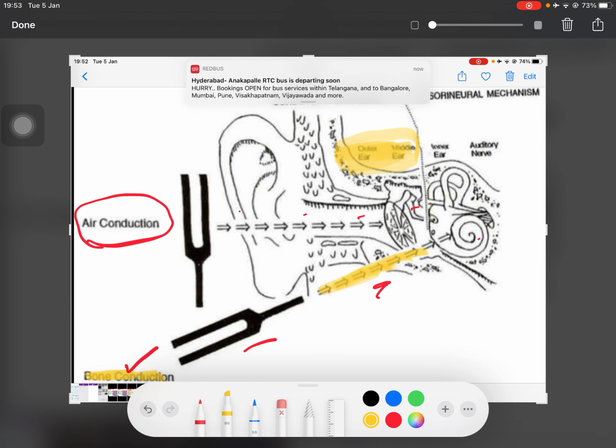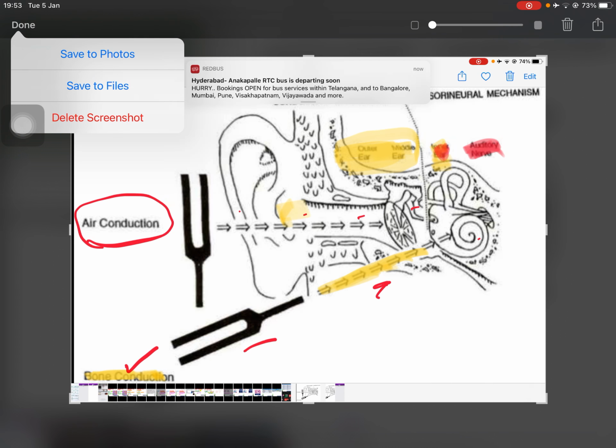So you will not be testing the outer ear and middle ear, the external auditory canal and tympanic membrane; that is excluded. For bone conduction, you only test the sensory and the neural pathway.